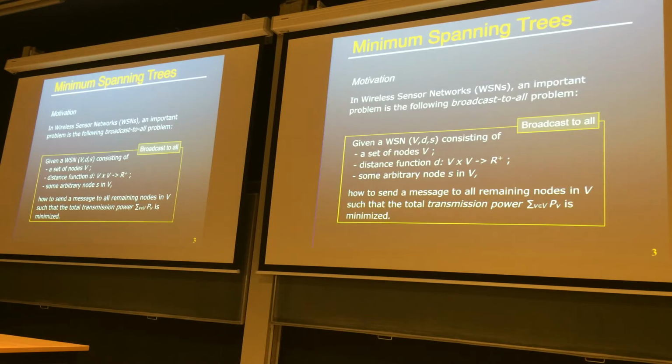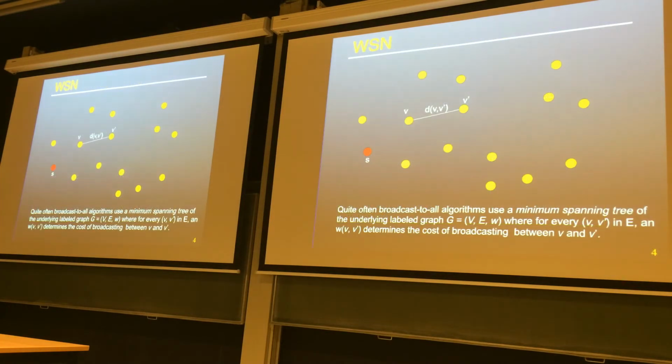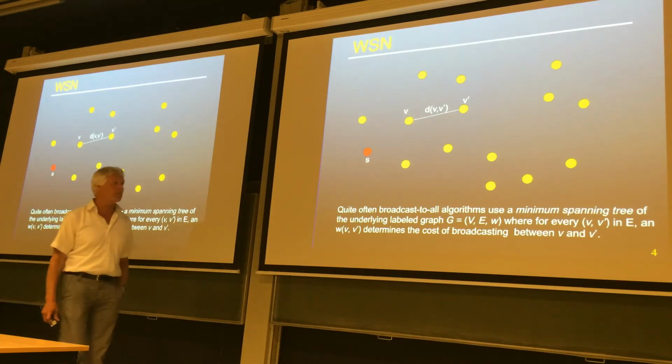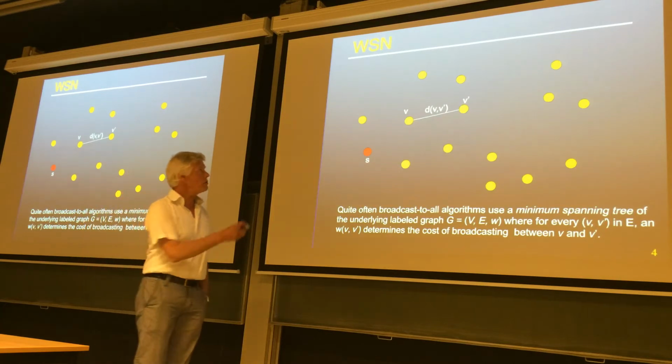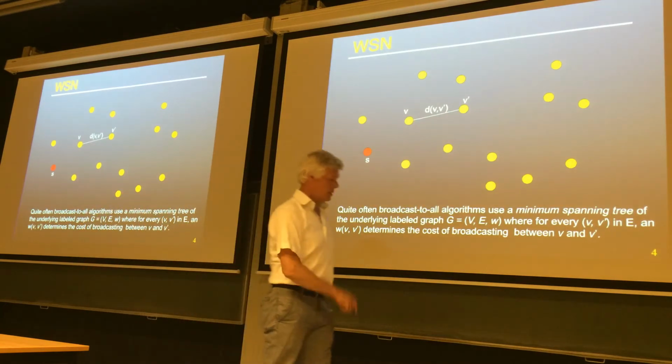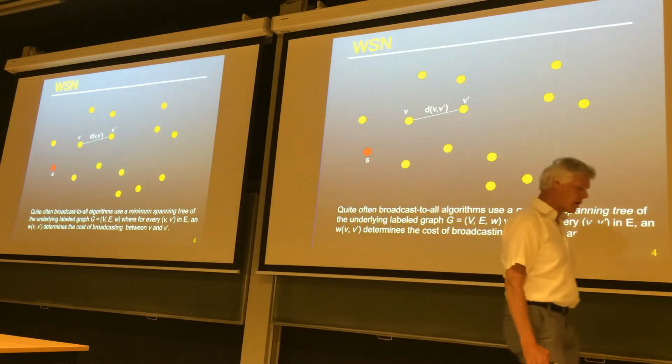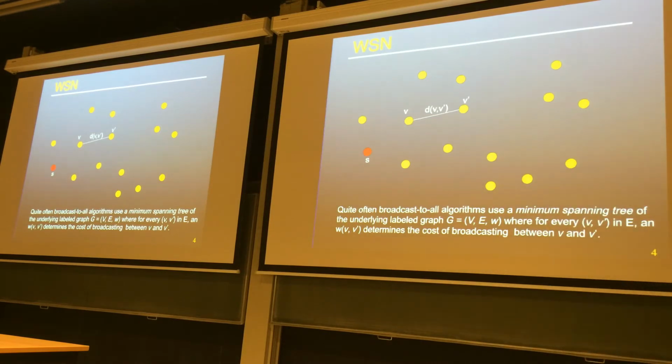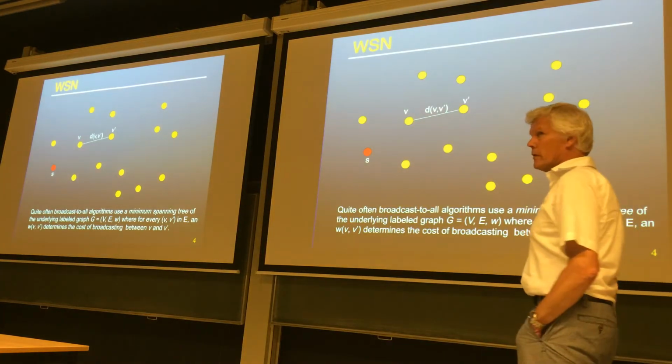Well, a familiar technique for doing that is to use a so-called minimum spanning tree. And assume here that all nodes are connected to each other, so there are edges from each node to every other node, and that we label these edges with the distance between.